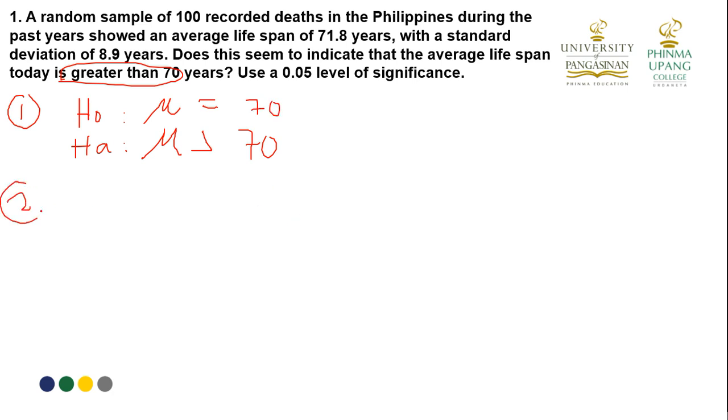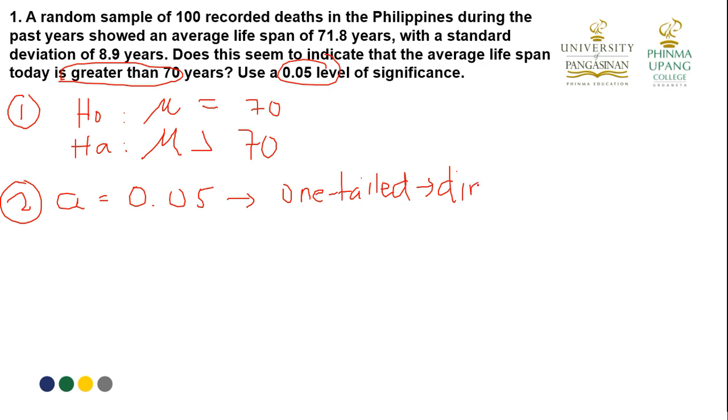Okay? Number 2, what is the alpha? Alpha is 0.05. Since it is greater than, it is one tail. Write one tail. And when it is one tail, it means directional.